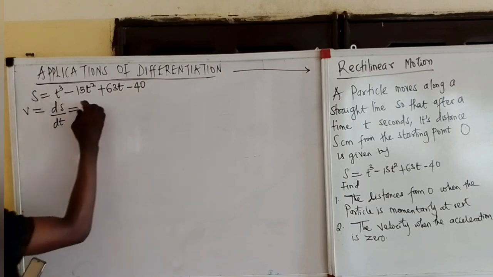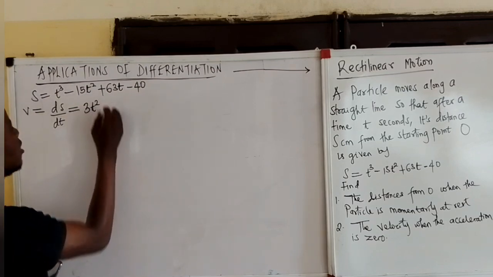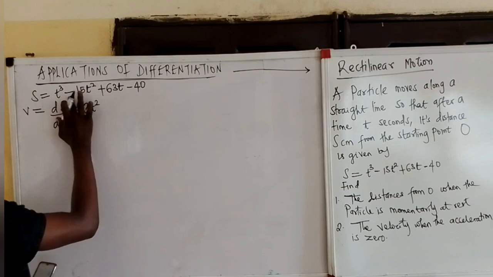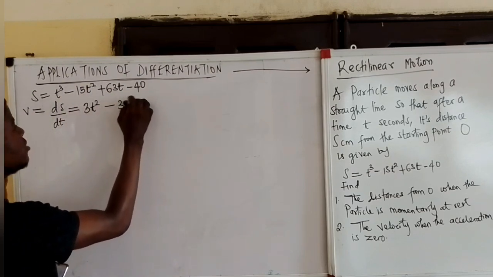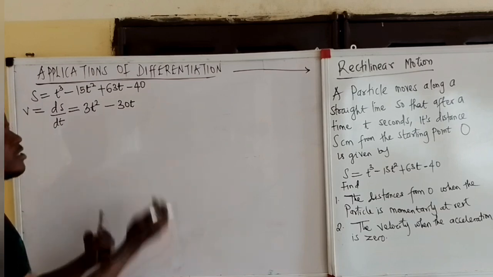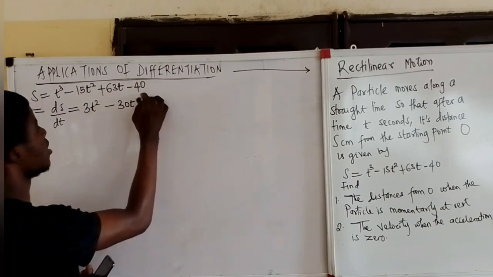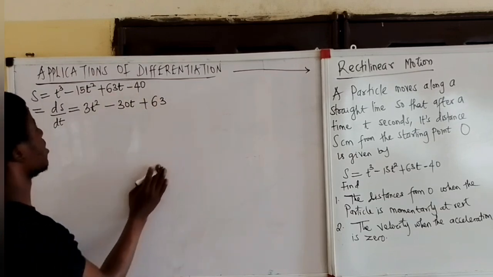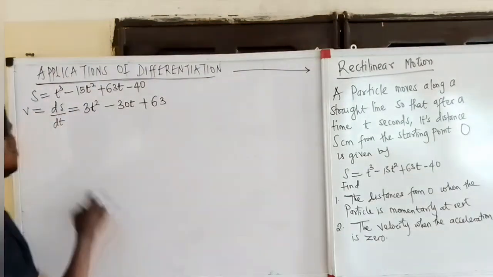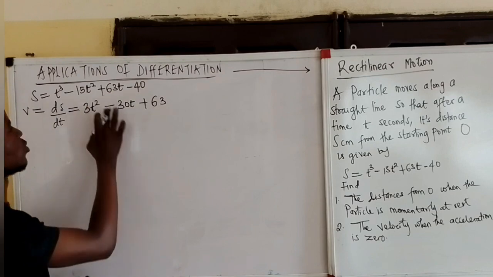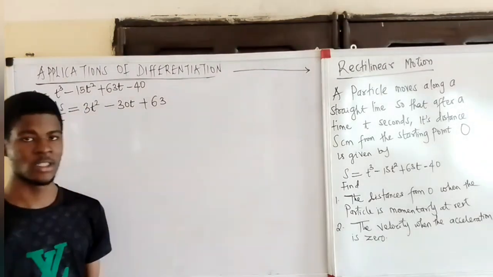Differentiate t cubed to get 3t squared. Differentiate minus 15t squared to get minus 30t. Differentiate 63t to get 63. Differentiate 40 to get 0. So this is v equal to 3t squared minus 30t plus 63.